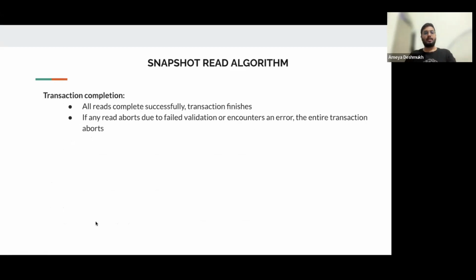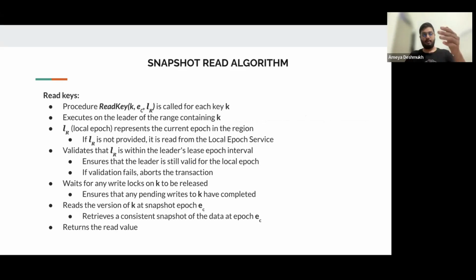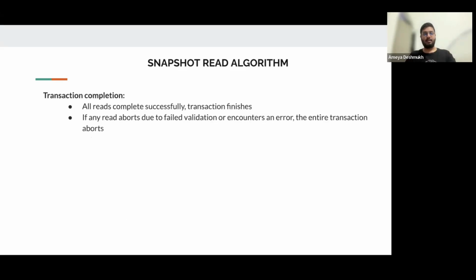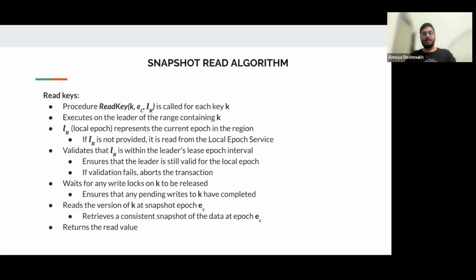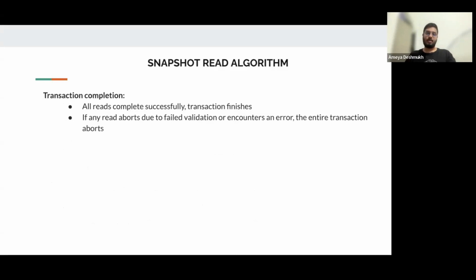After that, all reads complete successfully and the transaction finishes. Even if one read aborts, the entire transaction aborts, because we need to be consistent throughout. So if any read aborts, the transaction fails, returns an error, and the entire transaction aborts.